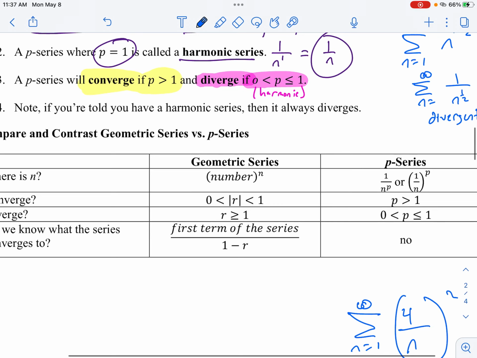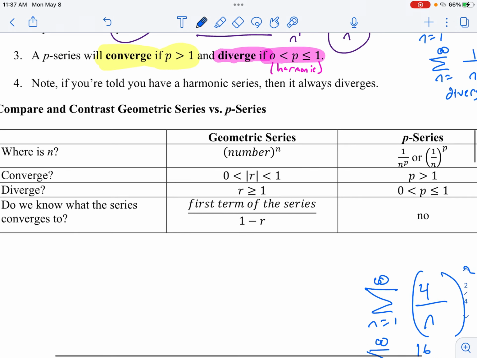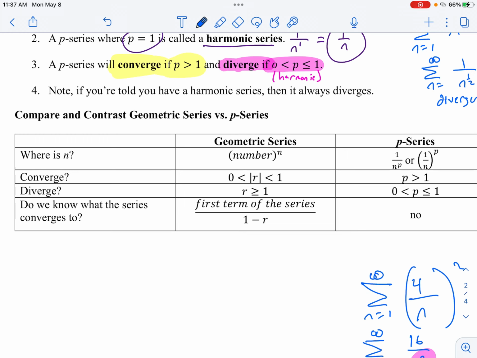All right, I've organized these first two thoughts so that you can keep them straight. Let's go through this table and we'll be finished with this video. You're asking yourself, where is n? If it's a number raised to an n power, that's geometric. But if n is getting the power, that's a p series. Does it converge?